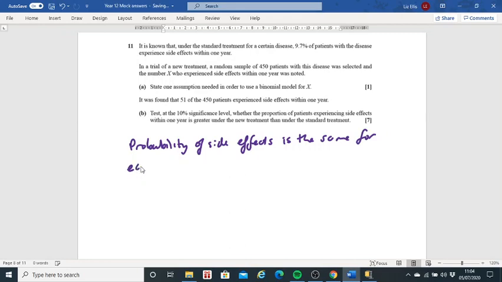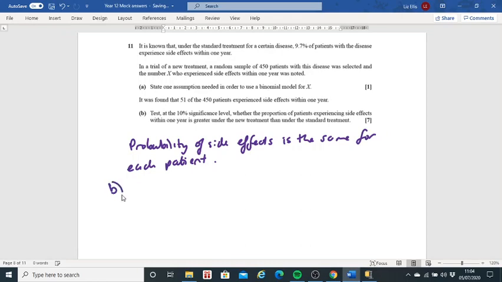In other words, the probability remains the same. You could also say that the patients or cases are independent. So you could either use the independent one or the fact the probability doesn't change.